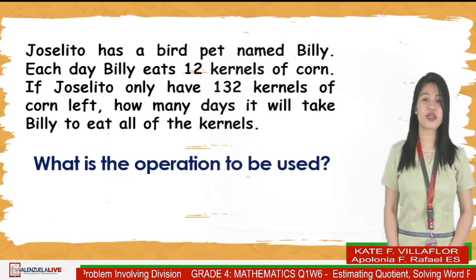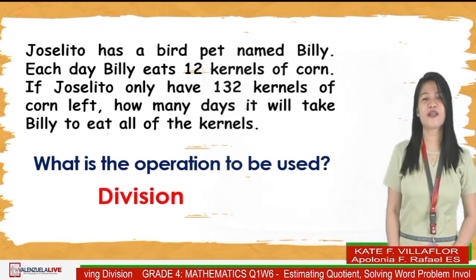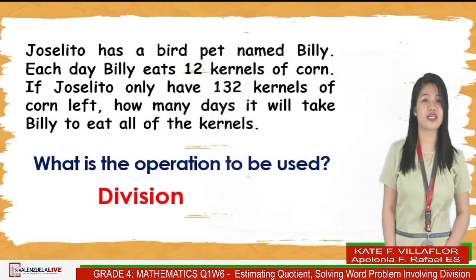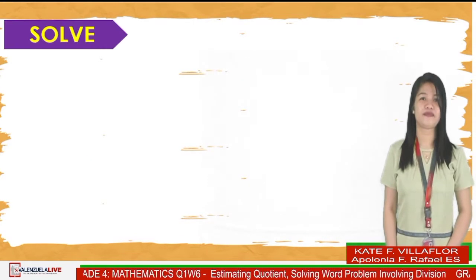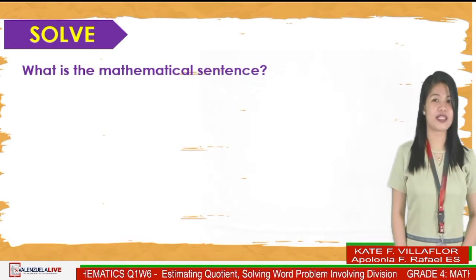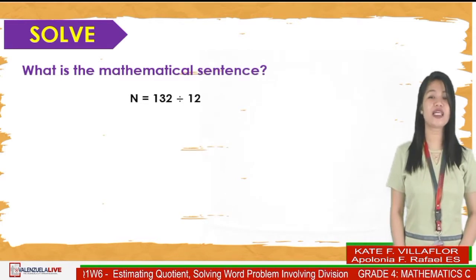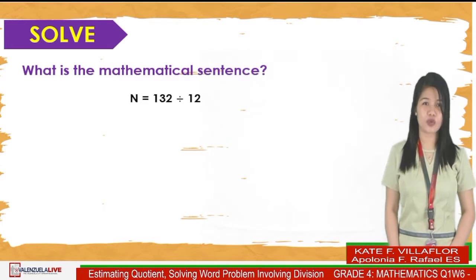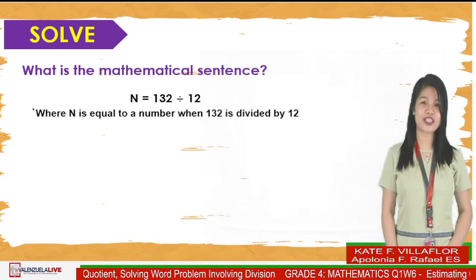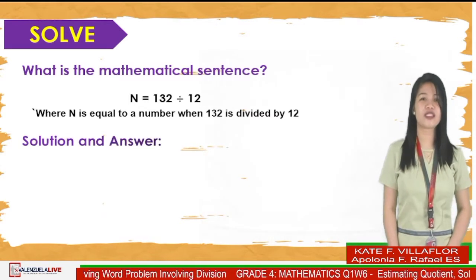And what is the operation we're going to use? Very good. We're going to use division. We're going to divide the given facts. Let's solve this. What is the mathematical sentence? Let's have n is equal to 132 divided by 12, where n is equal to a number when 132 is divided by 12.